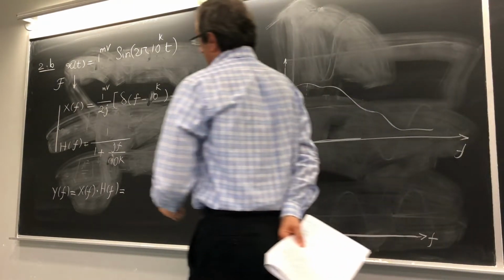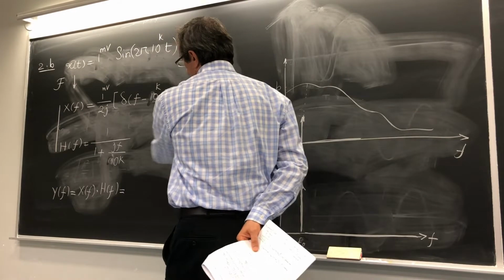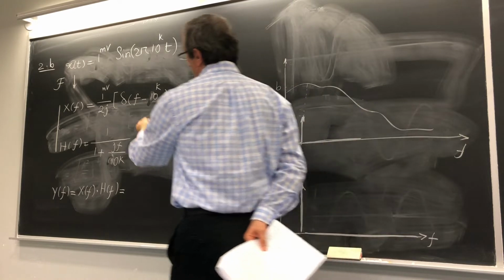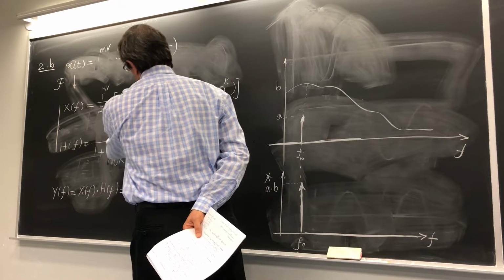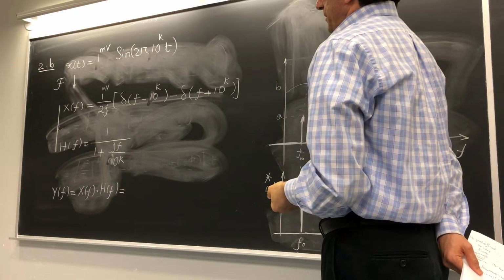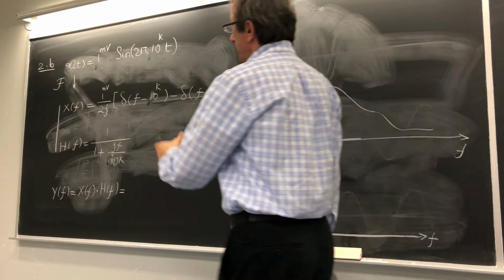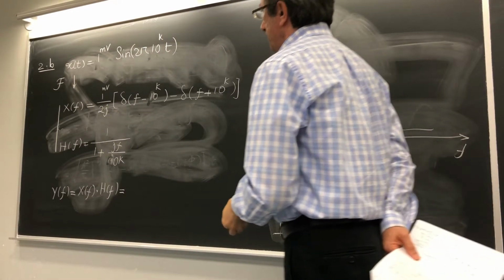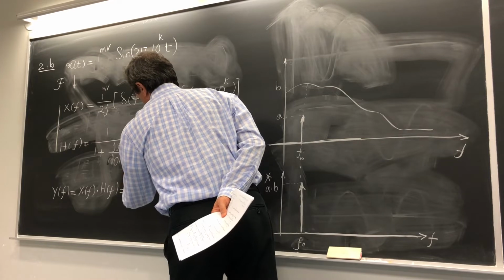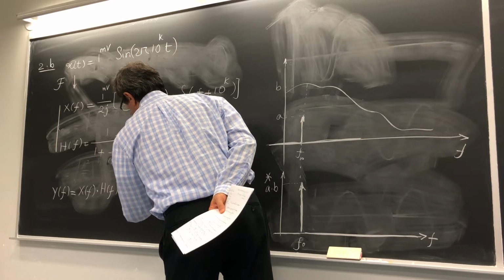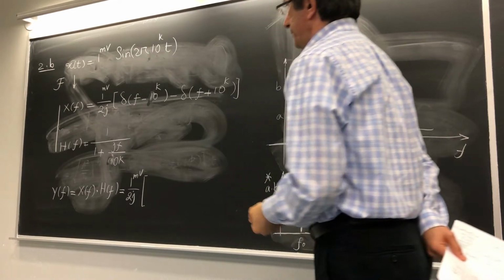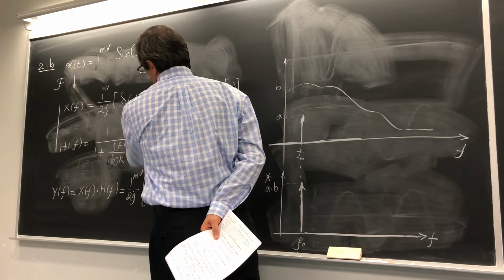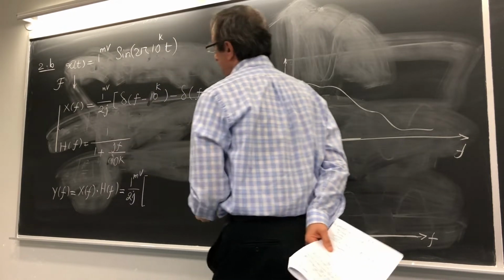So now the product of x of f and h of f would be calculated based on the multiplication of the delta function and the transfer function. The product of the first term and h of f would be how much? You just substitute f equals 10k.